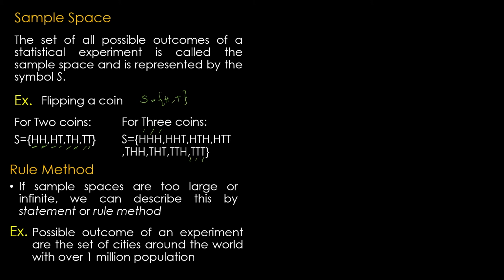You are to find the number of cities all around the world with over 1 million population. There are too many cities, and you cannot list all of them, so in order to write the sample space, you use the rule method.